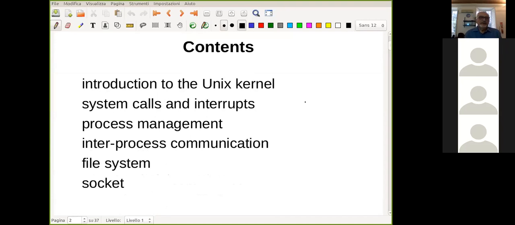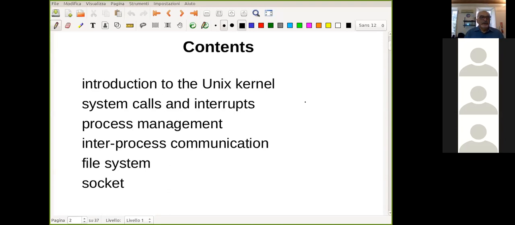As I told you, Unix, Linux for us is the same thing, because from this point of view, there's no difference. We will carry out a rough description of the system with the important concepts. So the differences between the various Unixes and Linux are not relevant for us.